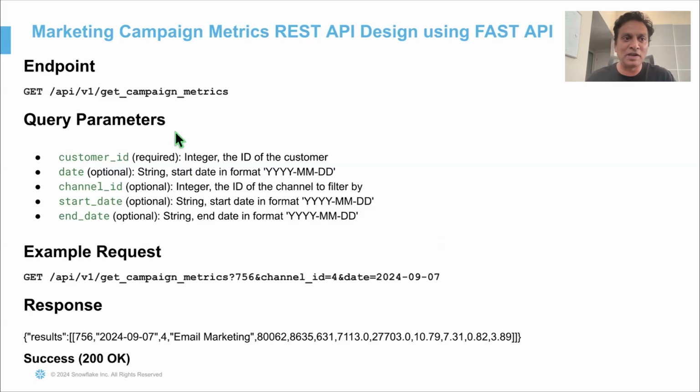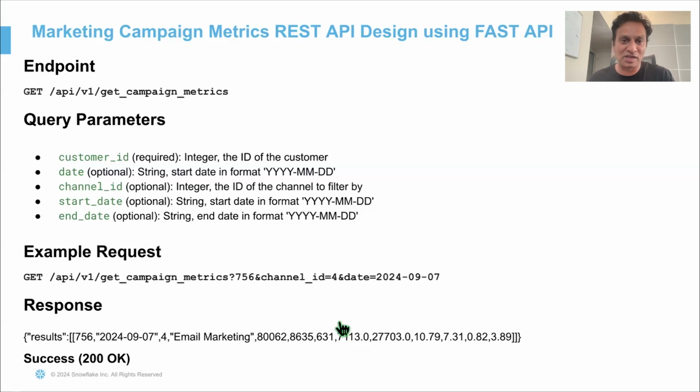As you can see, I built one API called get campaign metrics, and the query parameters are the customer ID, date, and channel ID. But I also expanded it so that you can search for a specific date range. All are optional. In this case, I provided an example where I provide customer ID, channel ID, and date, which gives you a fast response so that you can use it in any analytical dashboards.